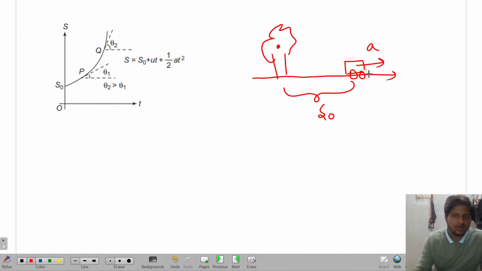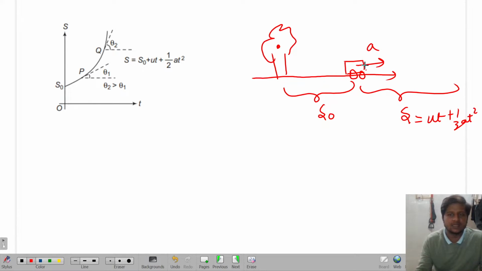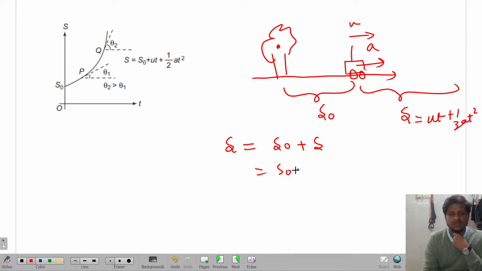So all of this displacement s will be traveled as ut plus half at square, yes or no? Where initial velocity will be the particle's velocity at this point. So if you have an initial displacement and after that you do some displacement, the total displacement will be s naught plus s, which is s naught plus ut plus half at square.